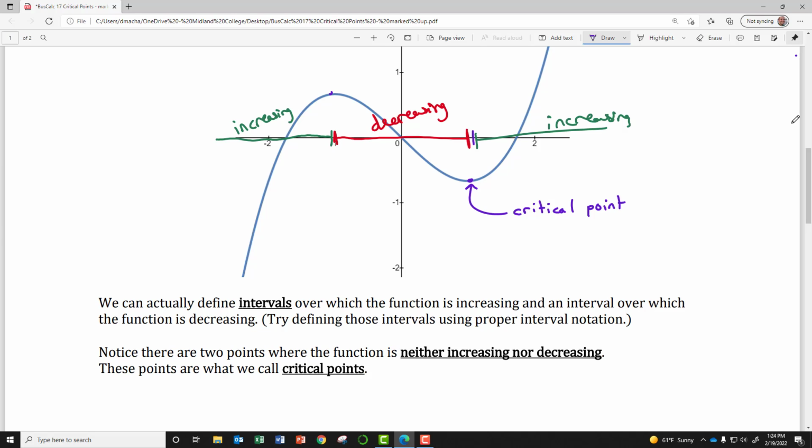Critical points are places where your function is neither increasing nor decreasing. So this little blue curve represents a function that has two critical points.